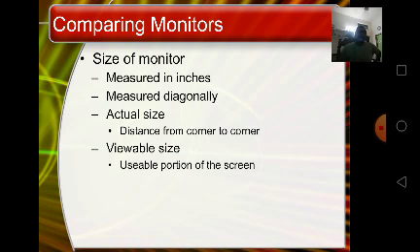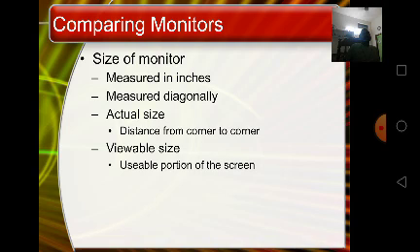A monitor's size affects how well you can see images. With a large monitor, you can make the objects on the screen appear bigger, or you can fit more of them on the screen. Monitors are measured diagonally in inches across the front of the screen.